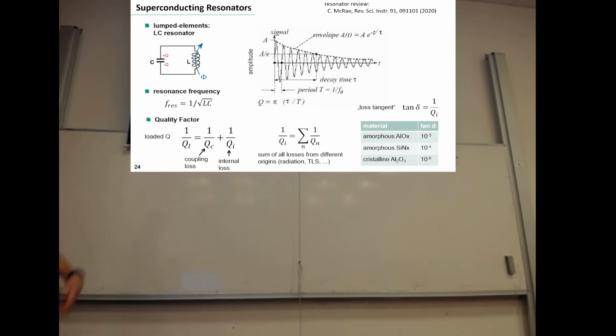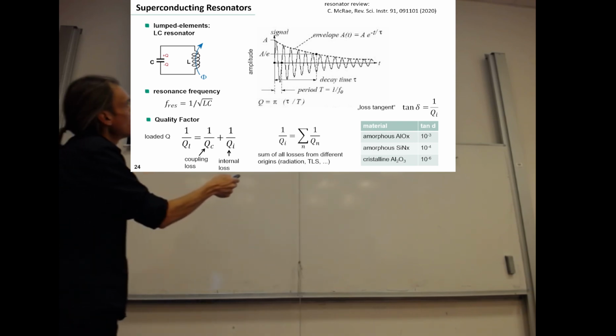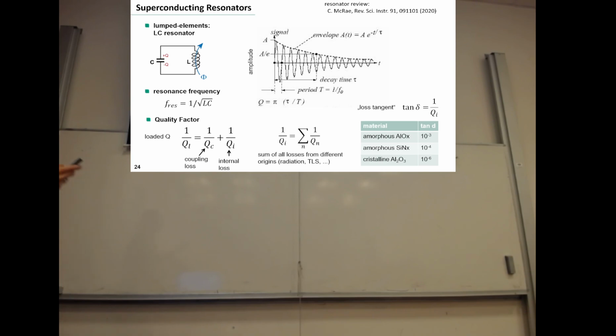Any resonator will not oscillate forever because there are dissipations, for example in the dielectrics of this capacitor. This just means that the amplitude of your oscillation will decay with a certain time constant. This allows you to define a quality factor, which is really just the number of oscillations that you get during this half-lifetime decay of the amplitude. So this is just the definition of the quality factor.